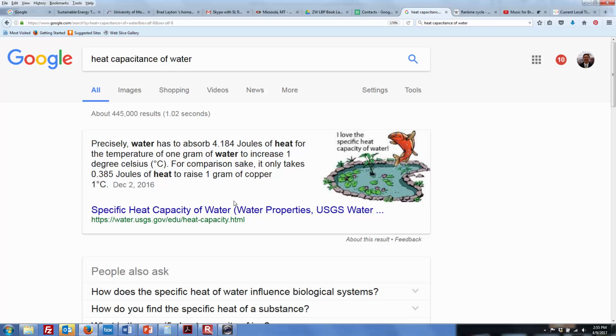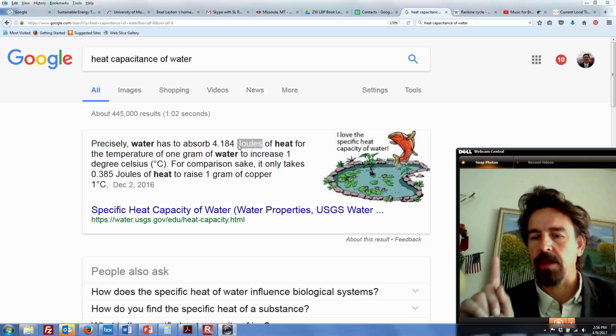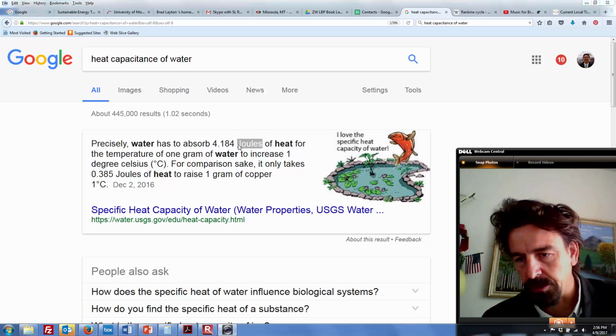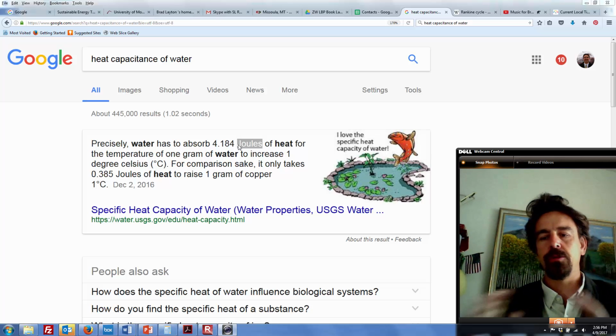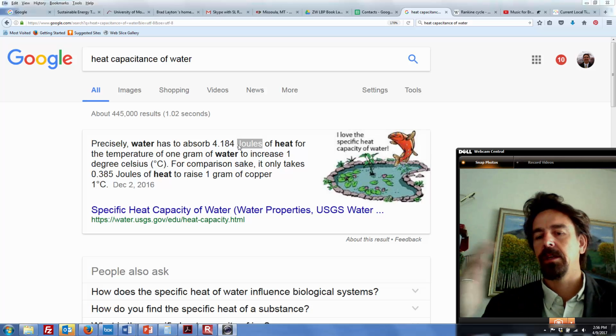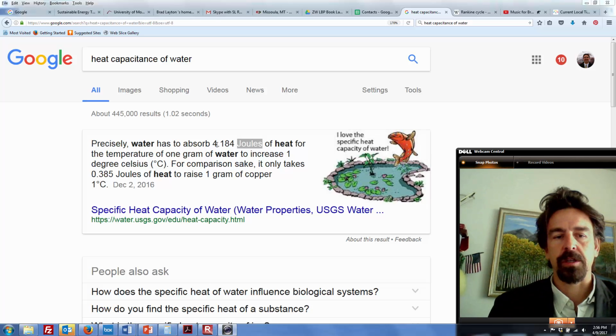Okay, so here's the number right here, 4.4 joules. See, there's joules there. And if you remember from last time, joules is a measure of energy. BTUs is also a measure of energy. Two different versions, just like kilograms versus pounds for mass. Okay, so joules for energy.